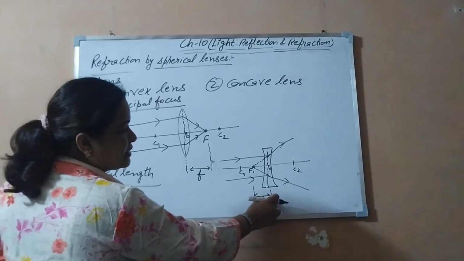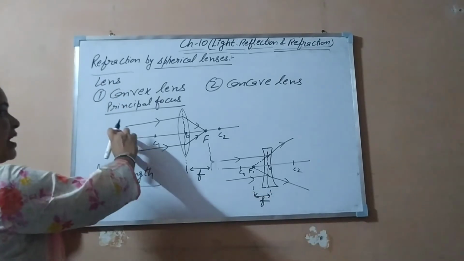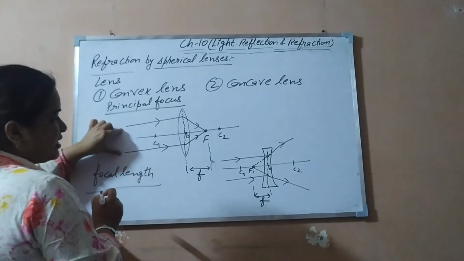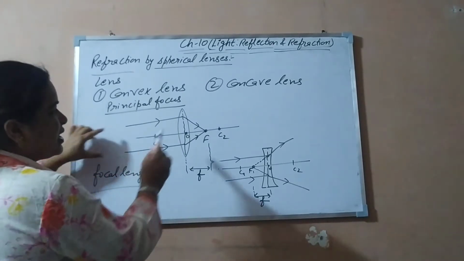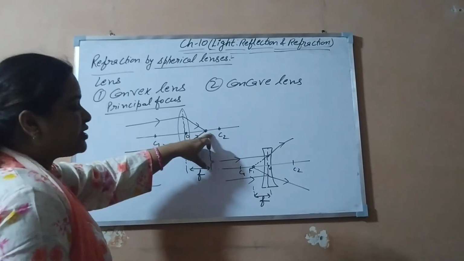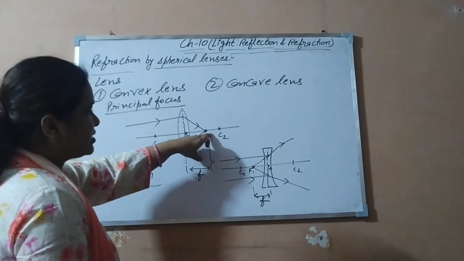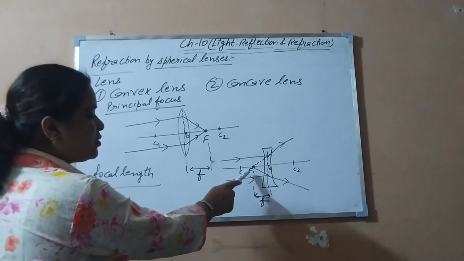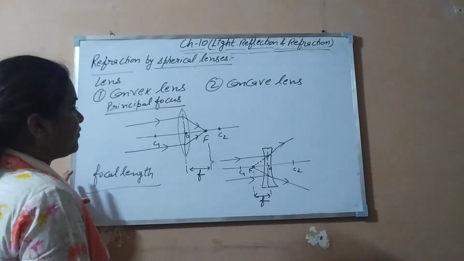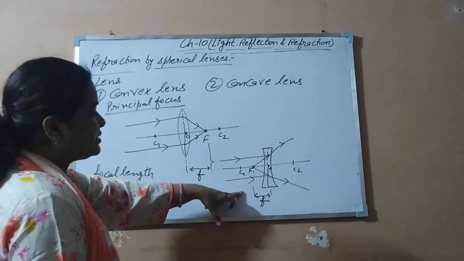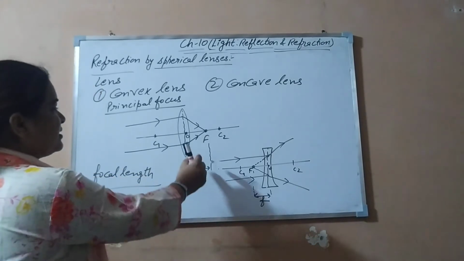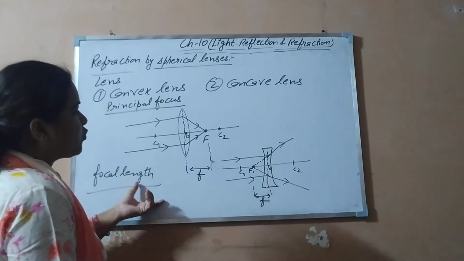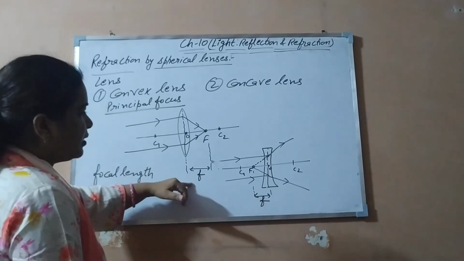When a number of light rays parallel to the principal axis meet at a point on the principal axis after refraction, that point is the principal focus, or they appear to meet, as in the case of a concave lens. This is a convex lens, this is a concave lens, and the distance between the optical center and the focus is the focal length of the lenses.